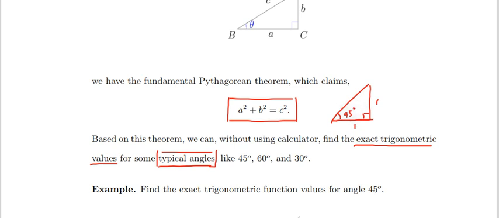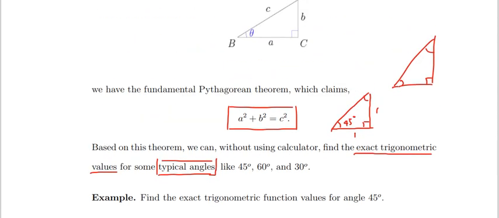Why is it 45? Because for a right triangle, this angle plus this angle should be 90 degrees, since this is already 90. If these two sides are equal, then the two angles are also equal, so half of 90, so 45 is a typical angle. And the other one is this.